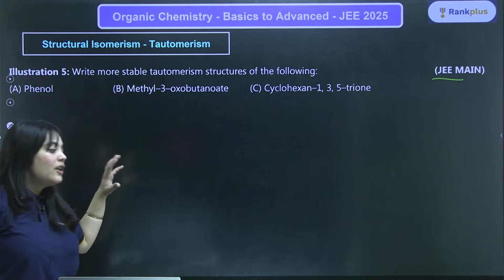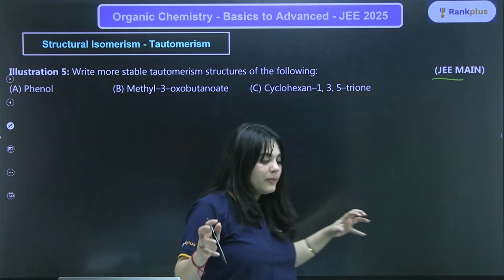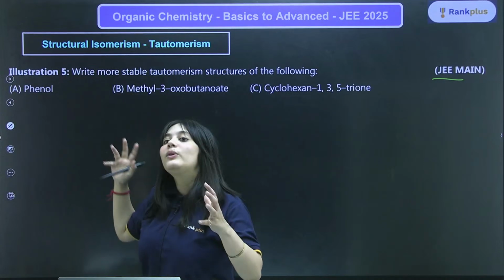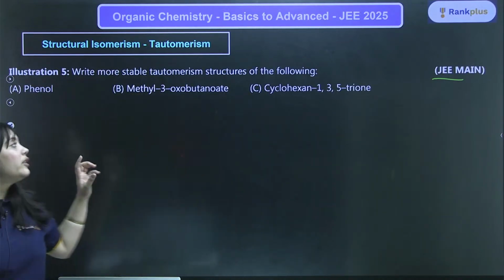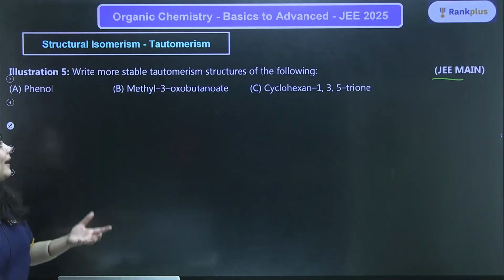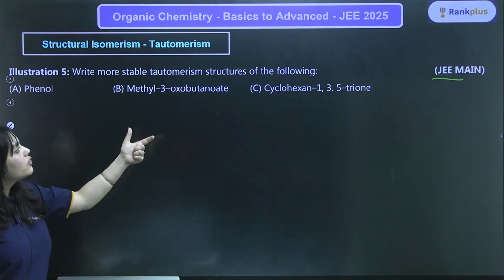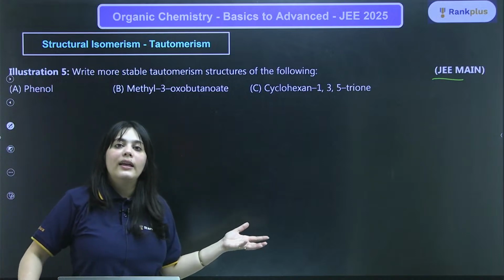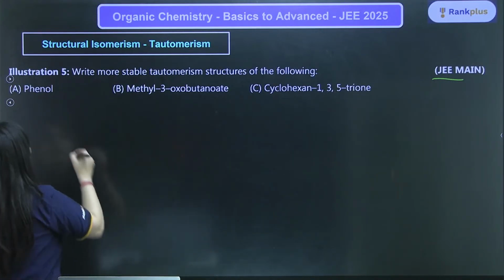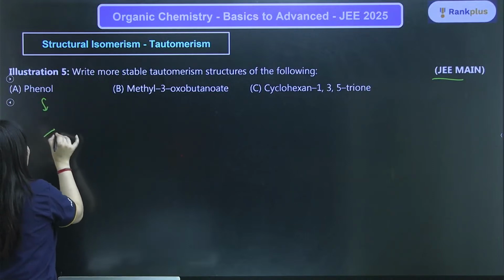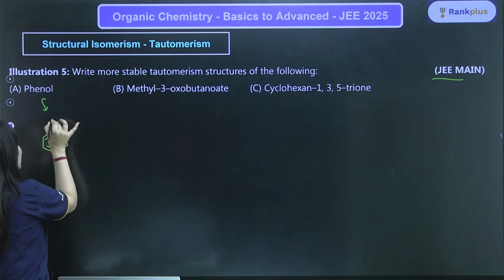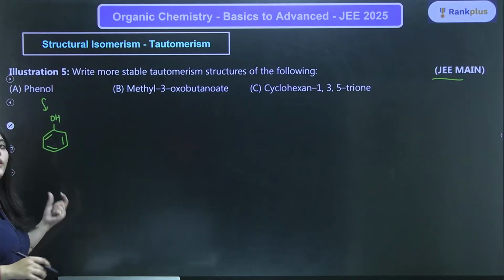So I've compiled all the questions into categories. Like for phenol, they've asked which will show the more enol form, right? And for methyl 3-oxobutanoate, which will form more keto form or enol form, right? For example, whenever I'm making a phenol molecule, I'm making it like this. And I already know that phenol is more stable.